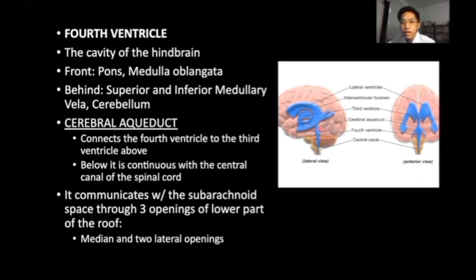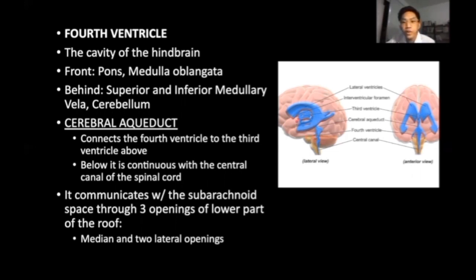If you can see my laser, this is the fourth ventricle. It is bounded in front by the pons. The pons is located here, and the medulla oblongata below. It is bounded behind by the superior and inferior medullary vela and the cerebellum.